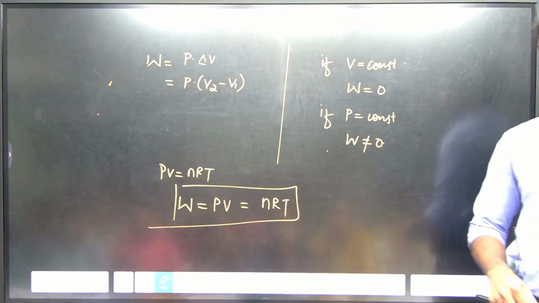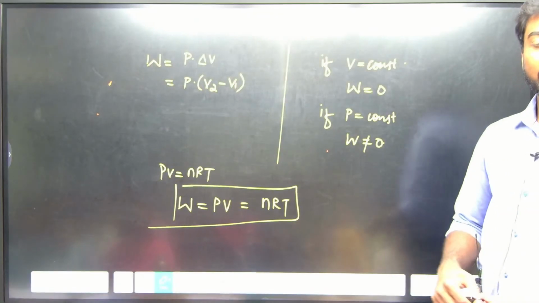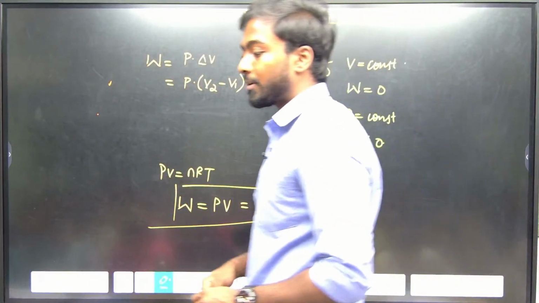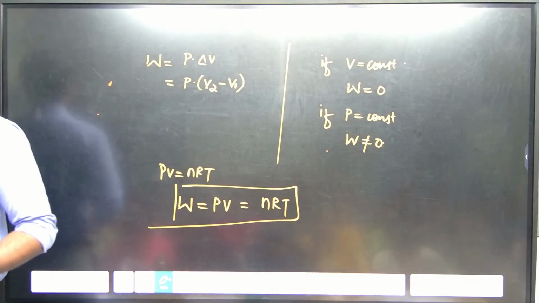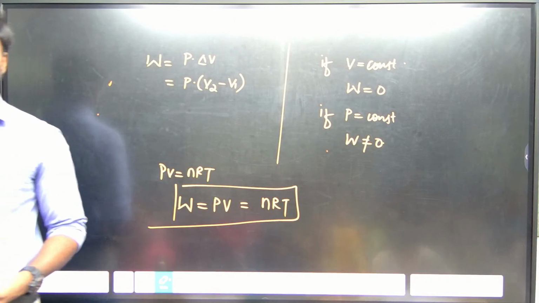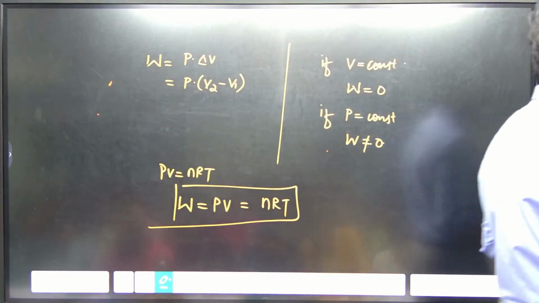The next application, application 5: the area under the PV graph, that is the pressure and volume graph, gives work done.